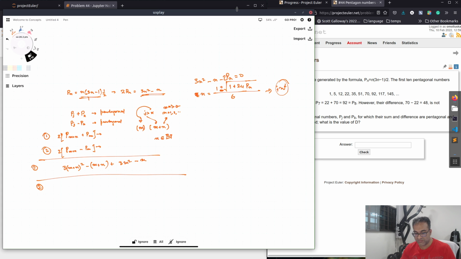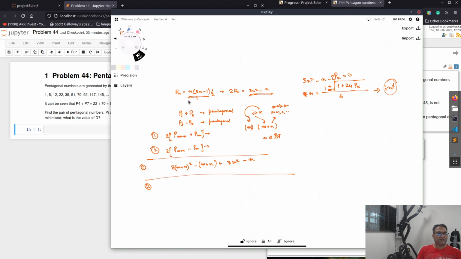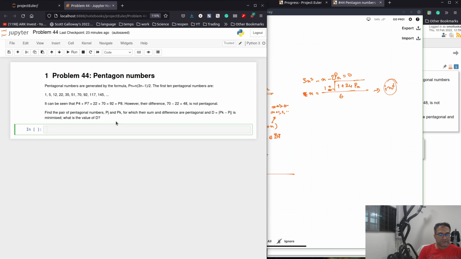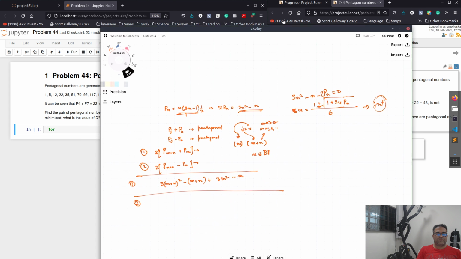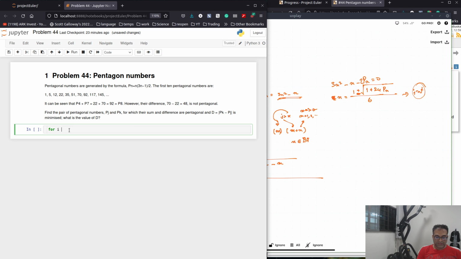Okay, let's just brute force this. How are we going to brute force this? We are going to just check whether a number is pentagonal with this formula, and then we are going to check for i in range 1 to 4,000.